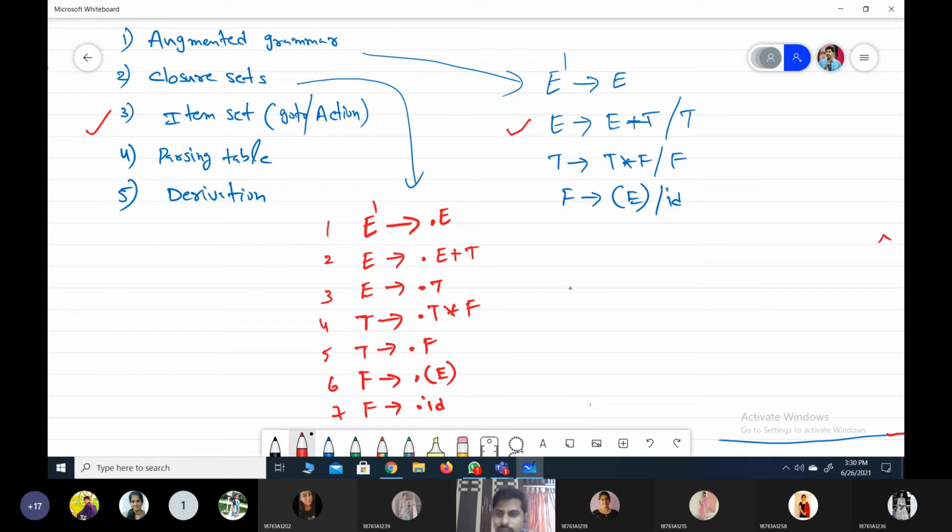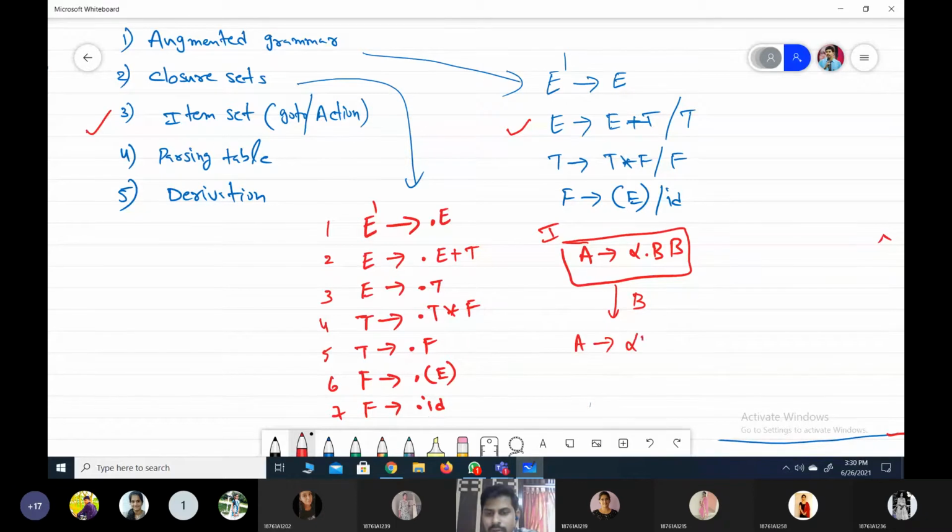A simple example I would like to specify. Consider a production A tends to alpha dot B beta in some item set. To move the dot towards the extreme right side, I take the symbol B, which gives A tends to alpha B dot beta. If I then take beta, the dot is moved to the extreme right side: A tends to alpha B beta dot.